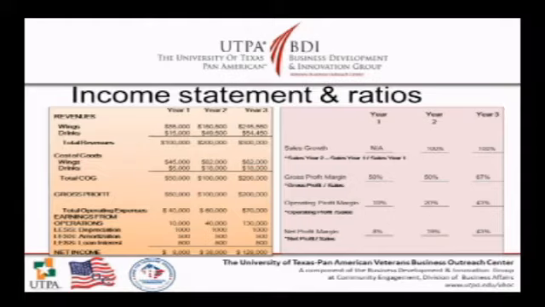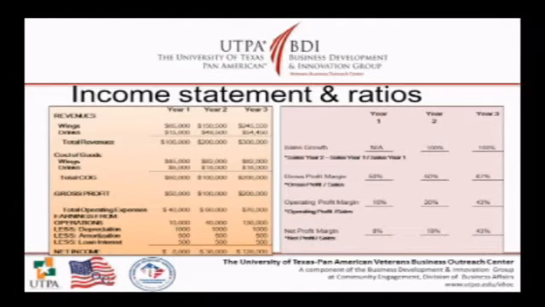And you're going to come down to earnings from operations, and that's $10,000. You're now going to take stuff from your balance sheet, your depreciation, your amortization, your loan interest, and take that away from your operating income. And that's going to give you a net income for the month. In this case, it's $8,000.